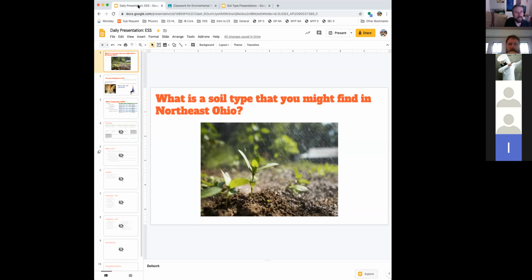We talked about this during the soil lab. So what was a soil texture or a soil type that you came up with in the soil lab?